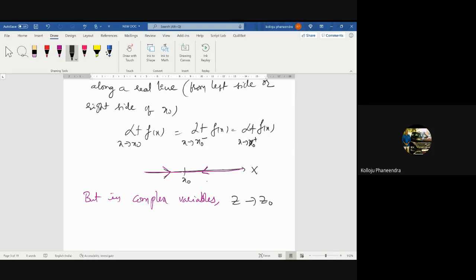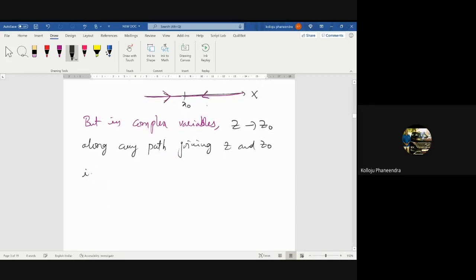Two variables, x and y. Z tends to z naught along any path joining z and z naught, that is, I will show in the figure. What is z?